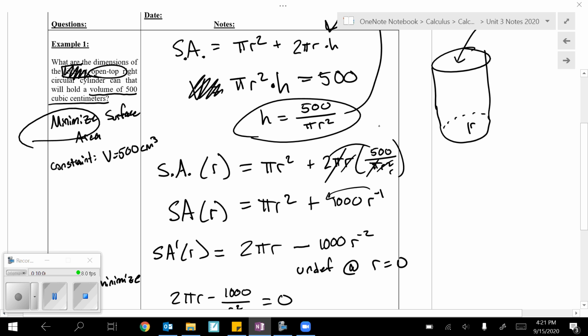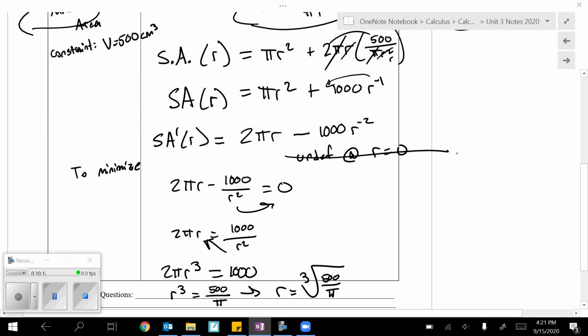We need to be able to produce 500 centimeters cubed of volume. So 0 straight up will not work because it goes against the constraint. So we're just going to eliminate it because it trivializes the problem. It goes against the constraint. Does not fit constraint.